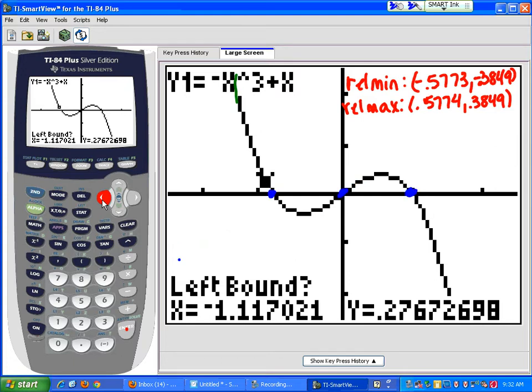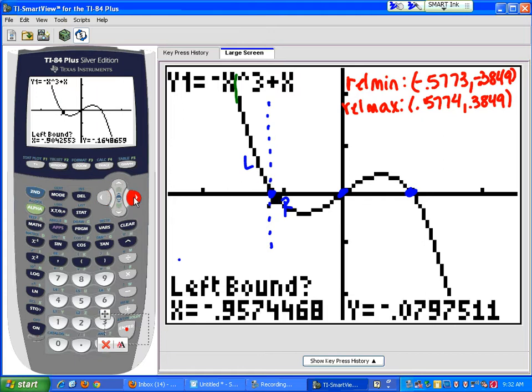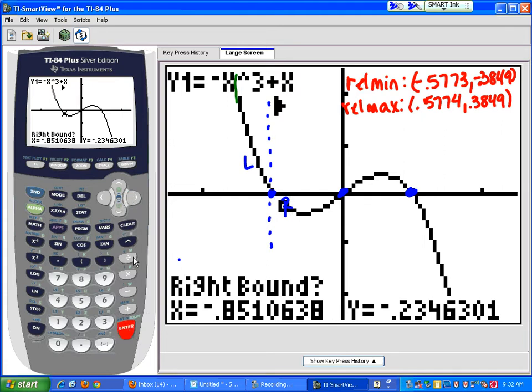So remember, when you're finding something to the left of where you think the zero is, your graph is on this part of here. So this would be left bound, this is right bound, and then enter to guess. So left bound is above the x-axis, enter. Right bound is below the x-axis, enter.